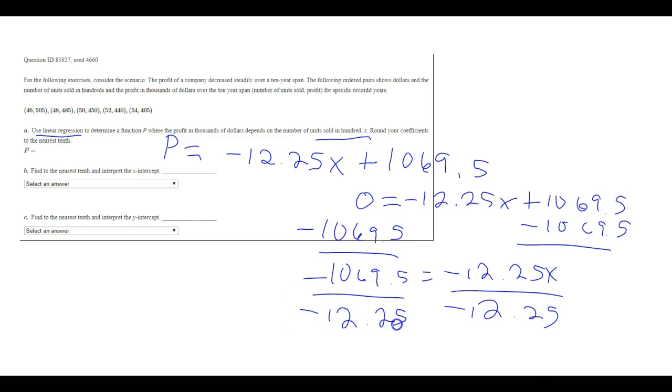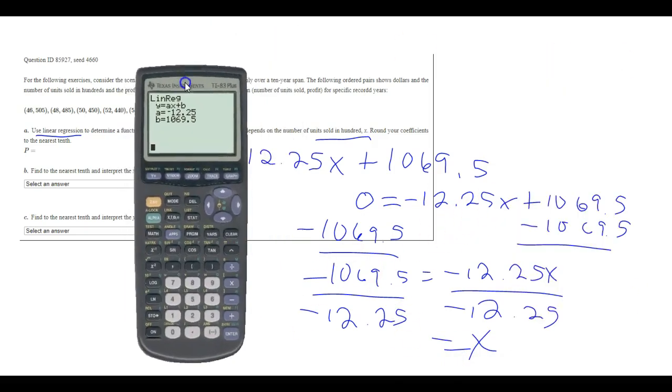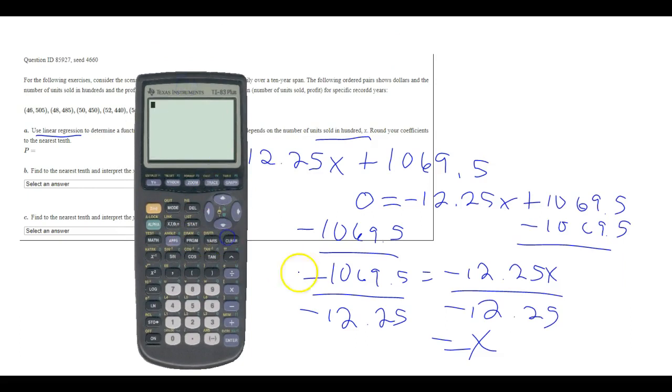And at this point, I'm going to bring my calculator back and let me clear, and we're going to do negative 1069.5 divided by negative 12.25.